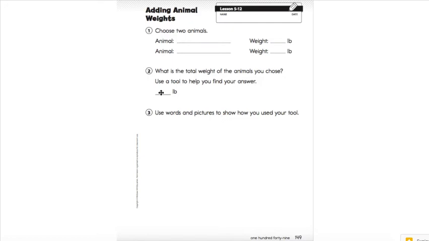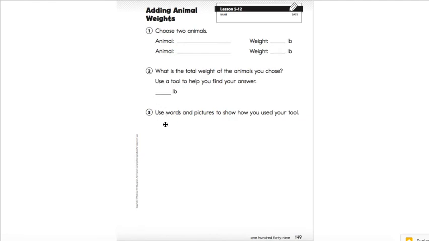Maybe you happen to have base 10 blocks at home or counters that you could use, okay? Any tool that we have used in the past to help us add two numbers together, you are more than welcome to use, okay? So you will add the two weights together, write your answer here.